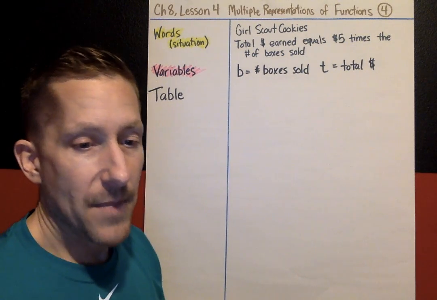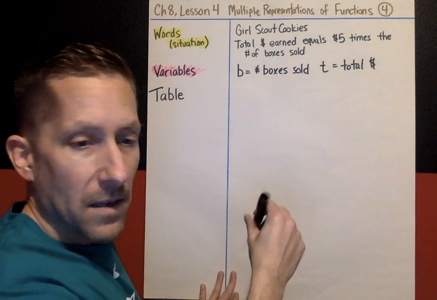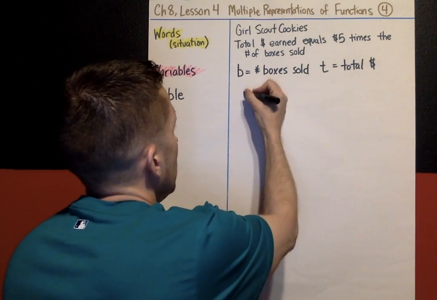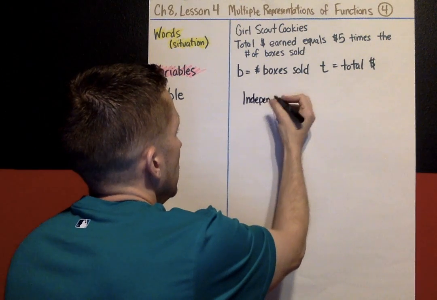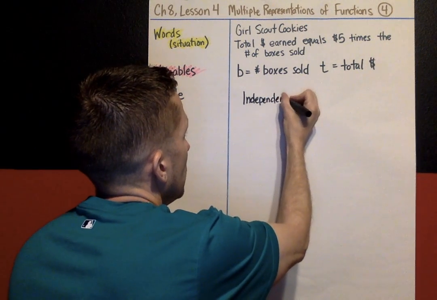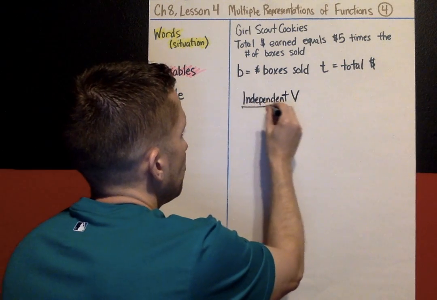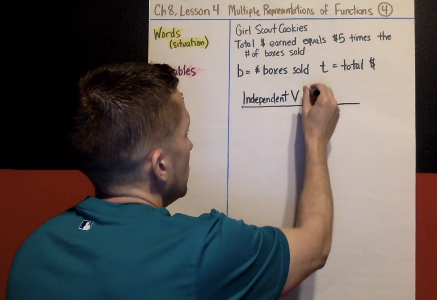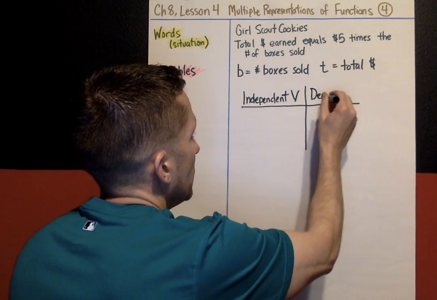So now let's go ahead and make our table. We've got our independent variable. I'm just going to abbreviate V. And we've got our dependent variable.